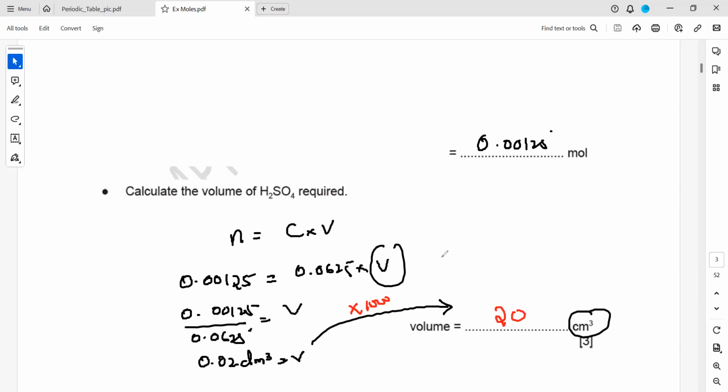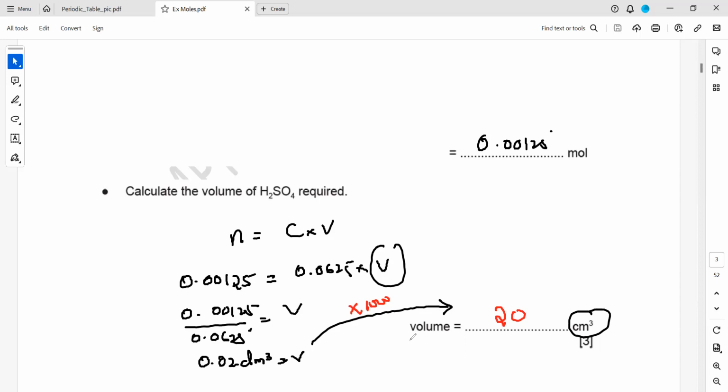If you see the pattern of the question, the first part we solve by using a formula, the second one we solve by using a ratio, and for the third one we again use a formula. So it's a sequence like formula, ratio, formula.